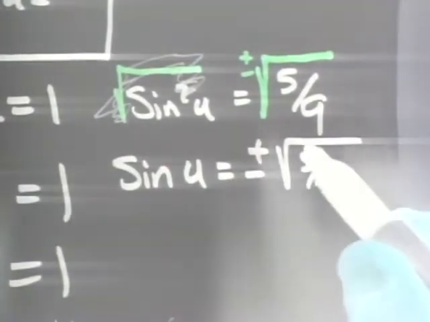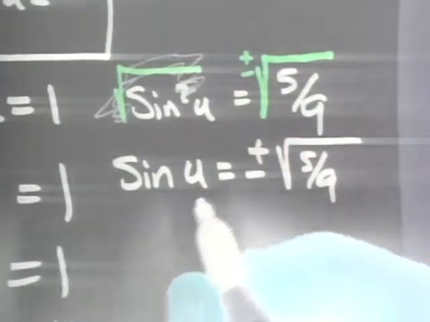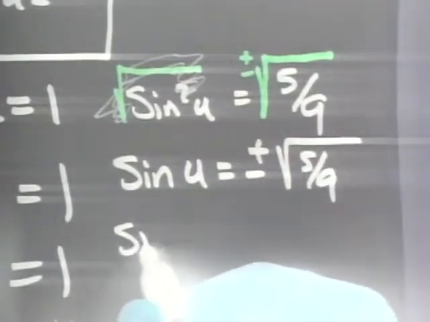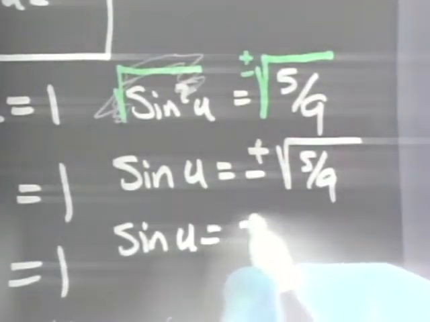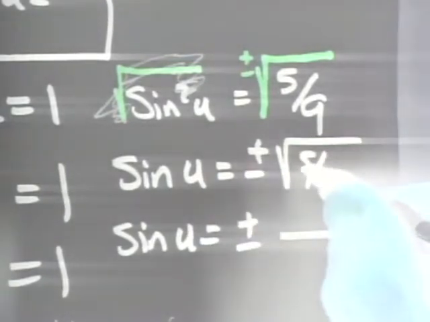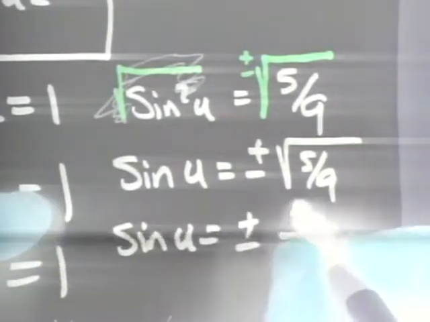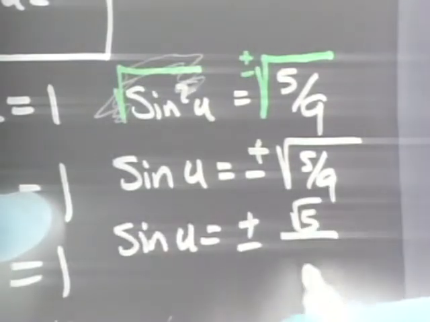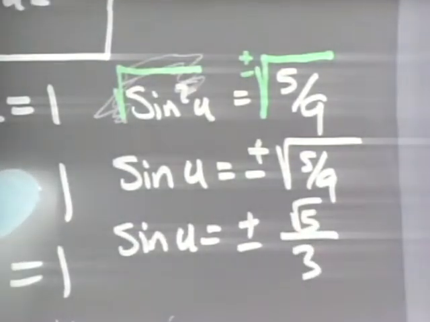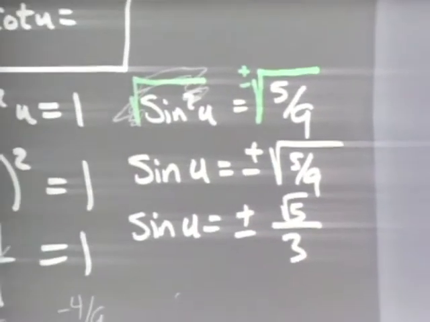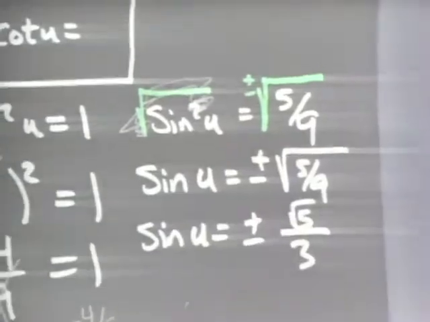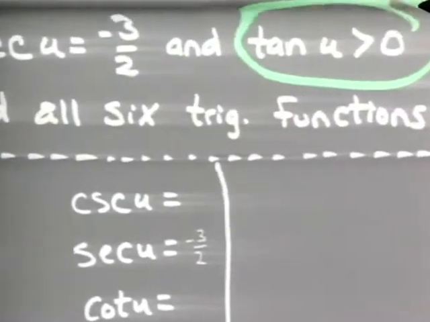So instead of doing that in your calculator, when you square root a fraction, just think it's the same as square rooting the top and the bottom. So this is sine u equals plus or negative. If you square root of 5, it's still square root of 5, but you can square root a 9 and you get 3. So sine u is either positive or negative square root of 5/3.